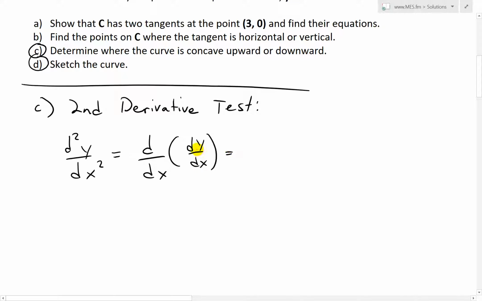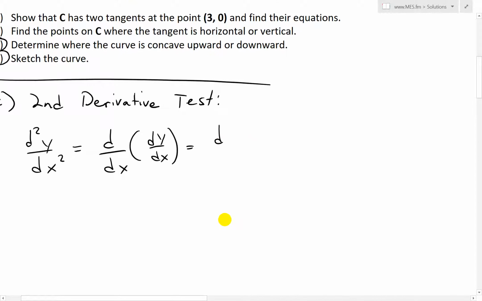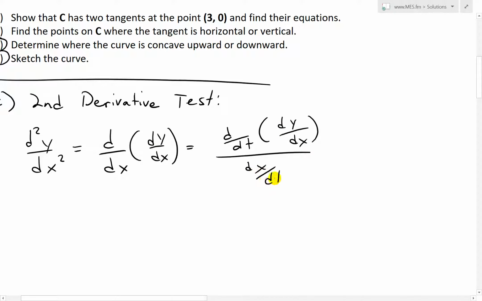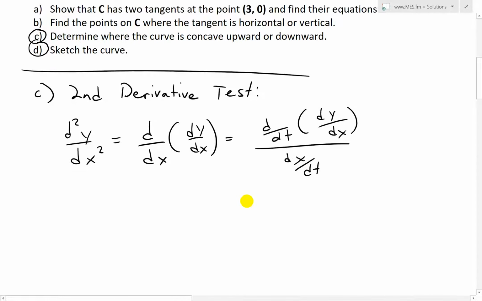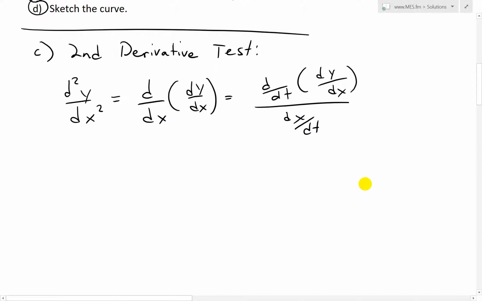And like I've gone over in my earlier video on the first video on the tangent series, with parametric curves this is the same as writing d over dt of dy over dx, because we throw this dy over dx inside where the y used to be. And now we have dx over dt at the bottom. So the ratio of dy over dt is the derivative, but we're doing it twice, so we throw this inside. Again, make sure to watch my earlier video, which I put in the video description below.